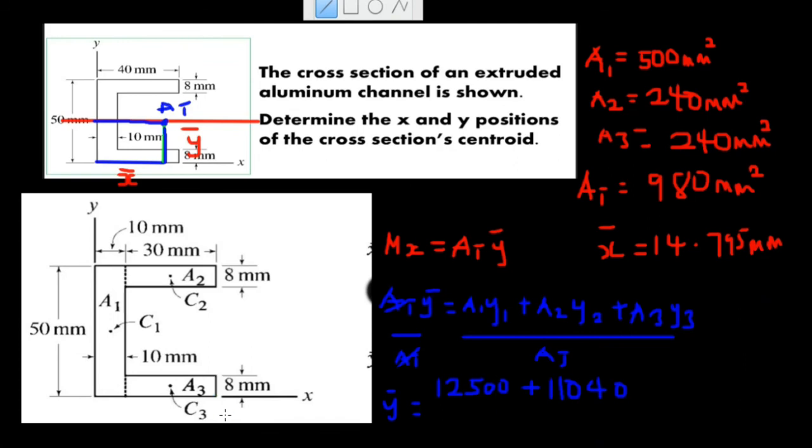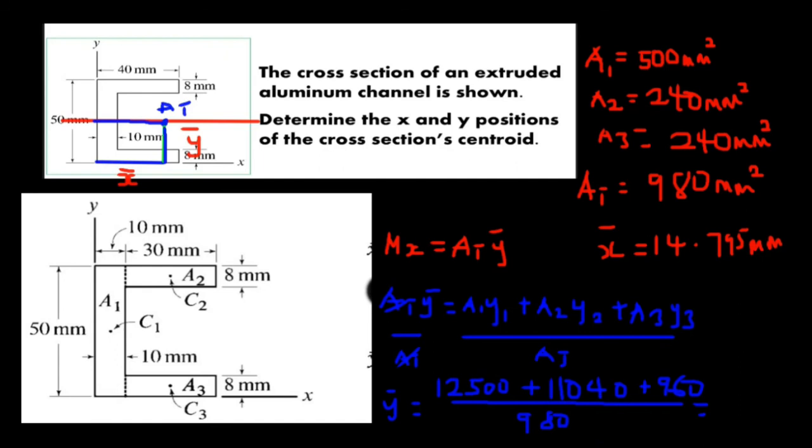So the next moment will be 240 times the distance 4 millimeters. That will give me 960 as the moment caused by the area. So that will be plus 960. All this is divided by the total area, which is 980 millimeter square. Now let's evaluate this and see what you get at the end.